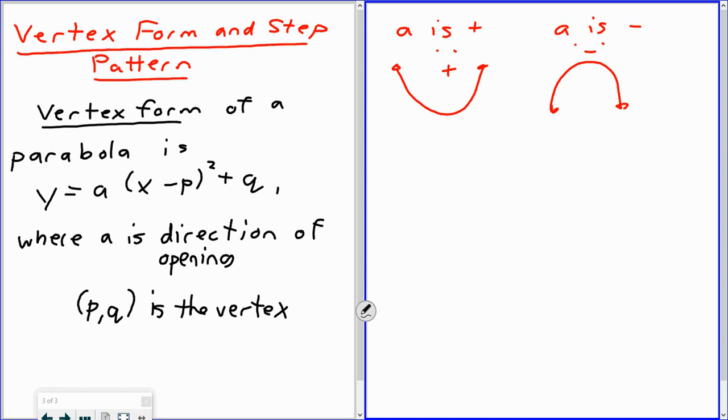So let's start with example 1. I probably did this in the wrong order, okay? Example 1 says find the vertex and which way the graph is opening.